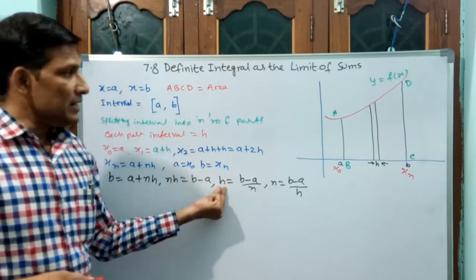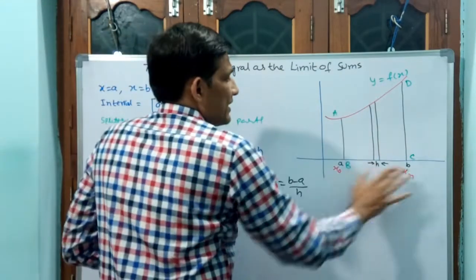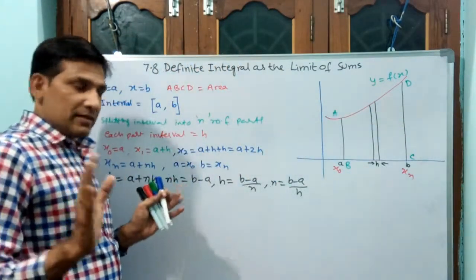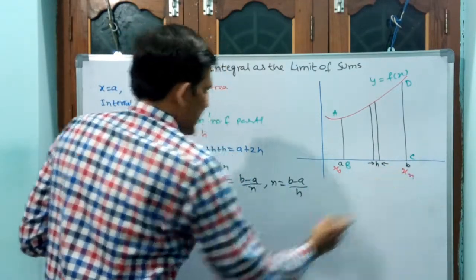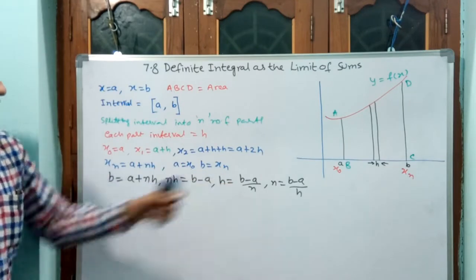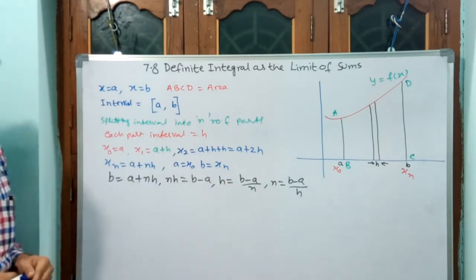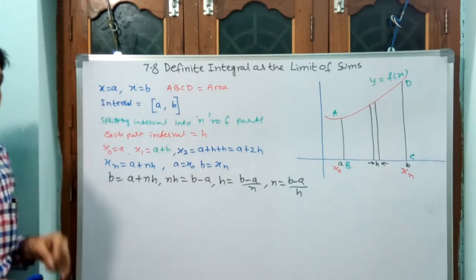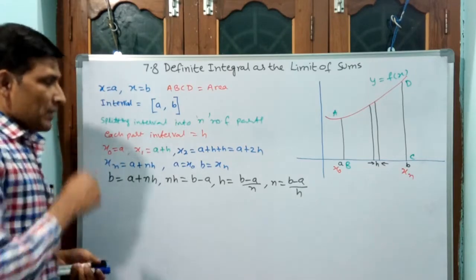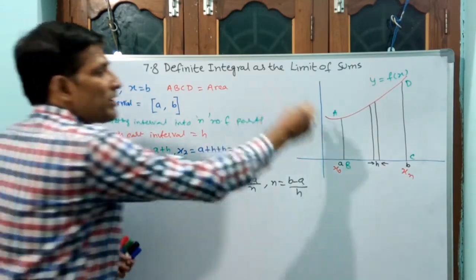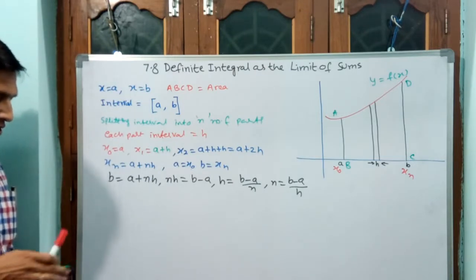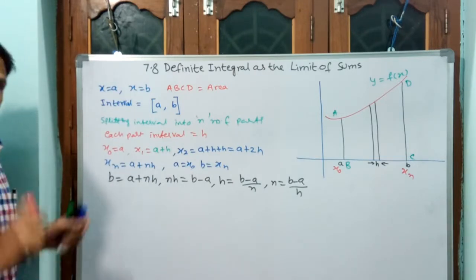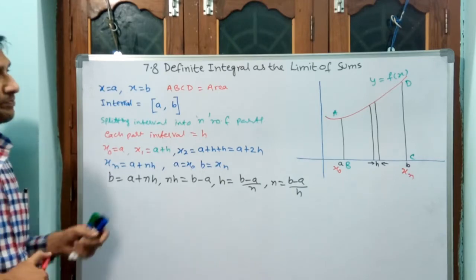Here h interval, this entire portion, this will be upper limit, this will be lower limit, then b minus a by h. Like that you also can derive. Okay, you see here how many number of intervals are there? N number of intervals are there. Okay, now what we have to see here, the formula.